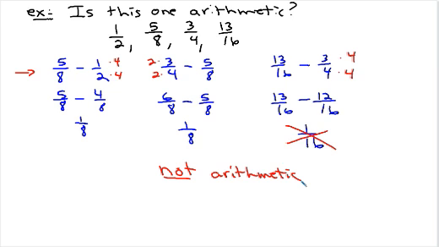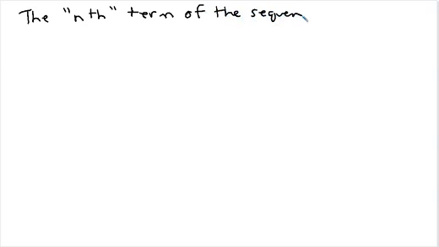All right? Now, there is a formula that will allow us to predict a term way out there. All right? And so we call this the nth term of the sequence.